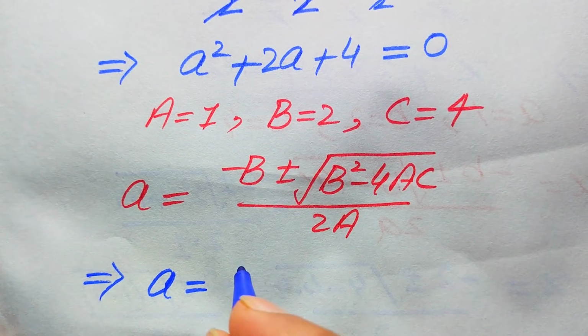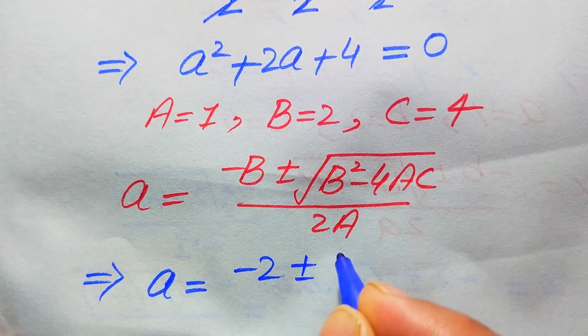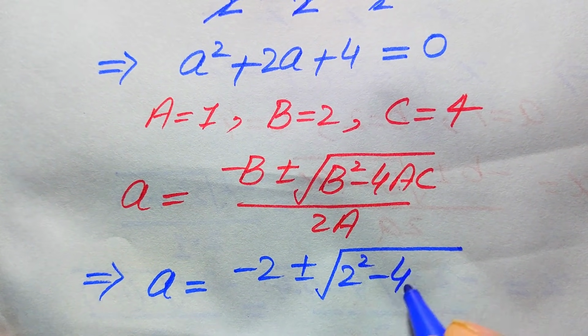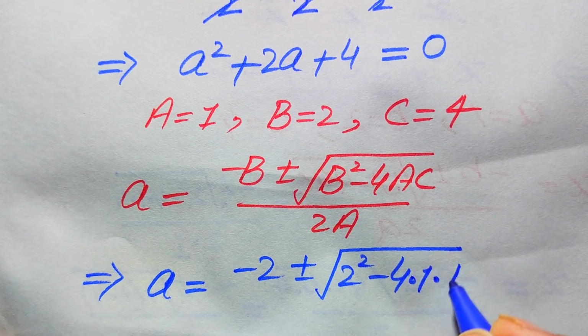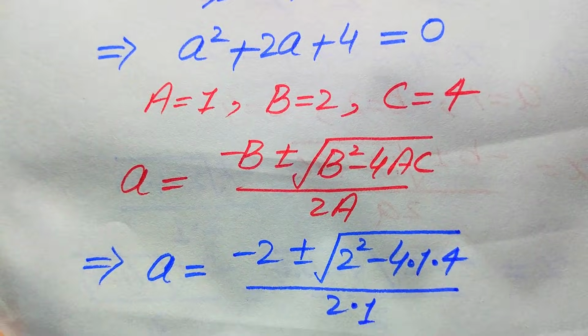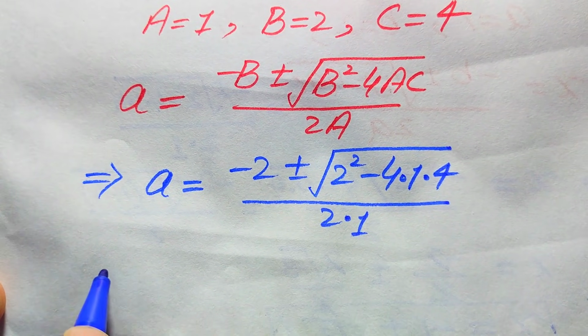So when you substitute these values here, it becomes minus 2 plus minus square root of b square, b is 2, so 2 square, minus 4 times a which is 1 and c which is 4, divided by 2 times a, and here our a is equal to 1.